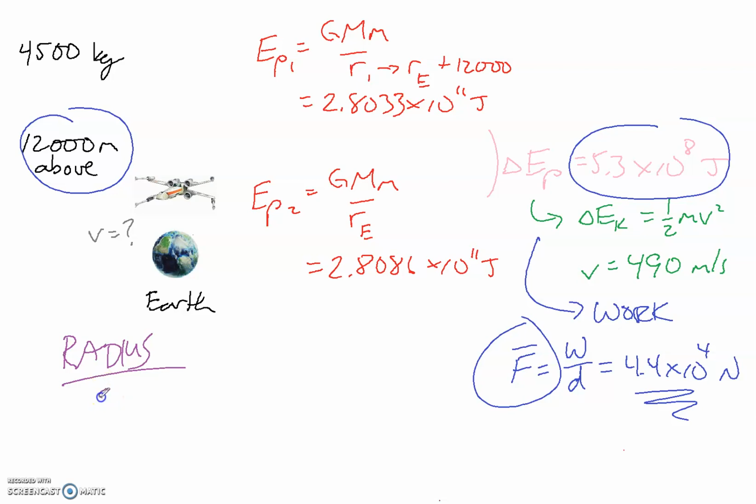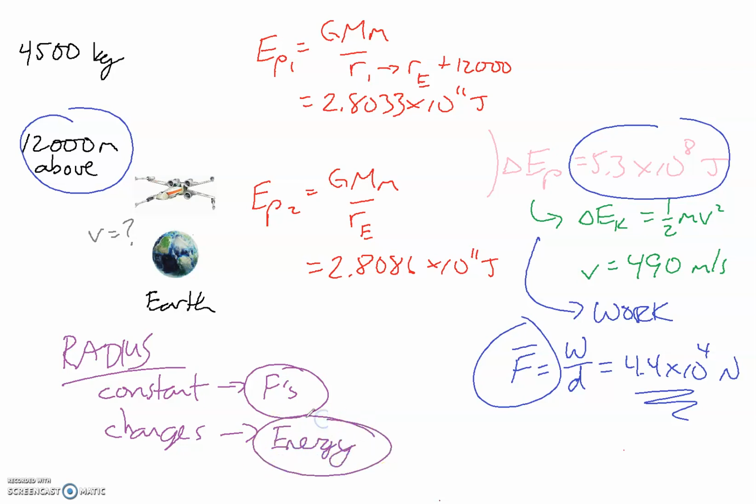So if it is a constant radius, like an orbit, almost guaranteed you want to be calculating forces, like GMm over r squared, mv squared over r. If the radius changes, almost guaranteed you want to be using good old-fashioned energies, potential energies, kinetic energies, that type of stuff.